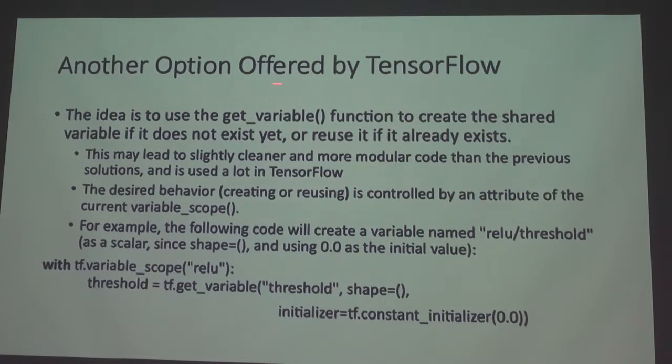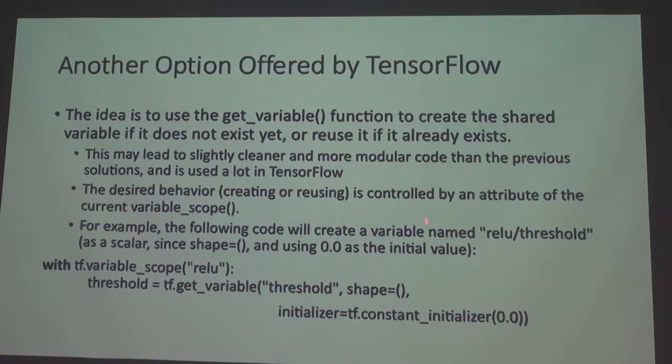Another option is to use the get_variable function to create a shared variable if it does not exist, or reuse it if it already exists. This may lead to slightly cleaner and more modular code than the previous solutions, and is used a lot in TensorFlow. The desired behavior is controlled by an attribute of the current variable scope.